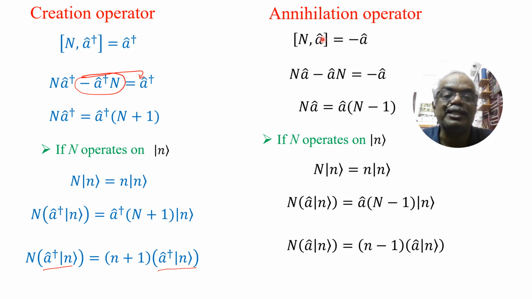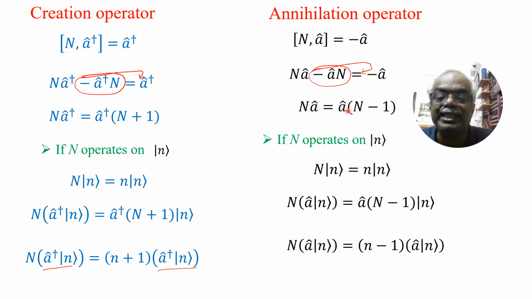Same thing is for the annihilation operator. You do the similar thing here. You take the commutation of n with the annihilation operator a, which we have seen just now is minus a. So if you expand this, you will get n a minus a n. Now you do the same thing: you bring this minus a n to the right hand side, and this will become plus a n minus a.